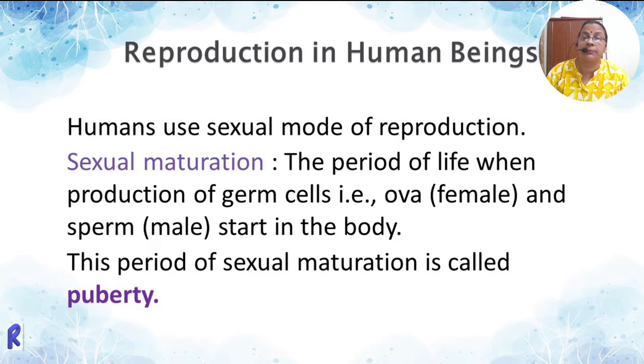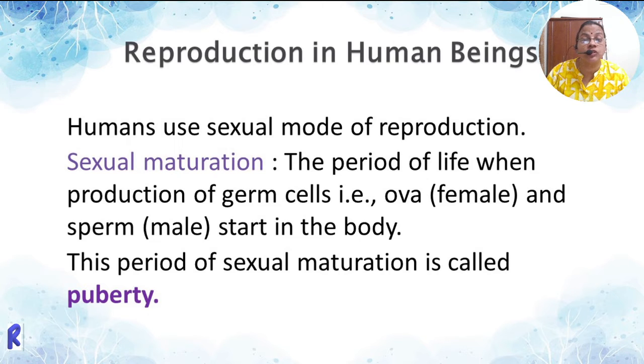Male means there is a penis and a pair of testes. Female means they will have a collection of reproductive structures, oviduct, ovary, and vagina, all those things. These are the reproductive structures that make men and women separate. So the reproductive organs should mature so that they are able to produce the gamete.